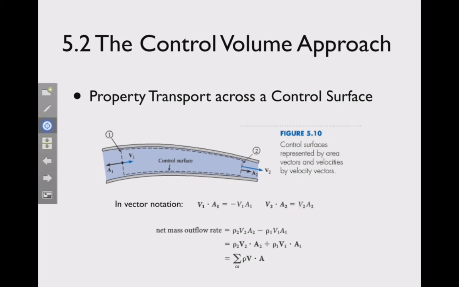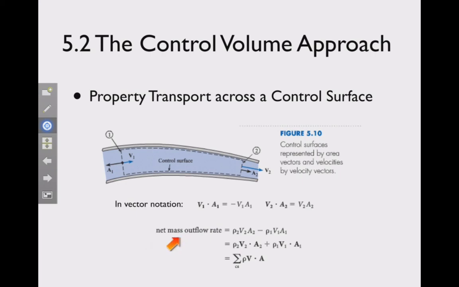So you can see that once we have specified these as dot products, V1 dot A1 and V2 dot A2, they naturally come out with opposite signs. What's interesting is that this value is negative at the inlet to the control volume, whereas it is positive at the outlet, and that is a definition that will be important.